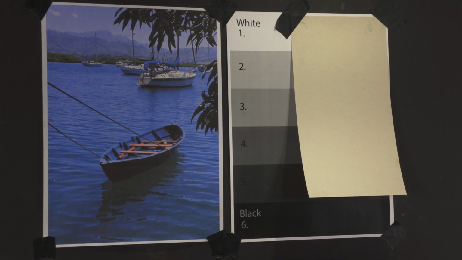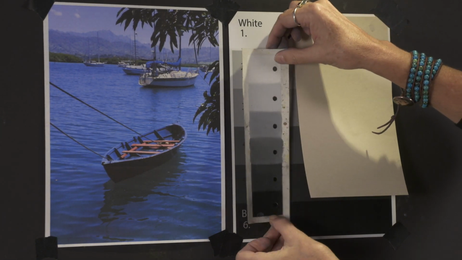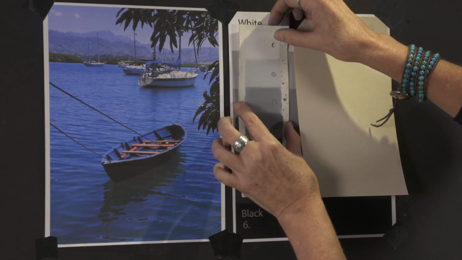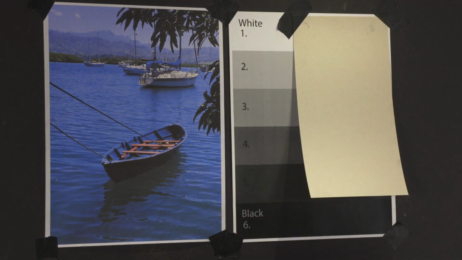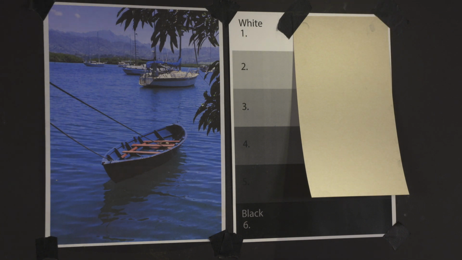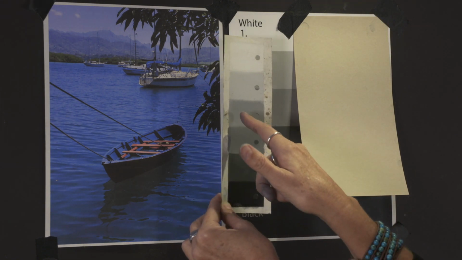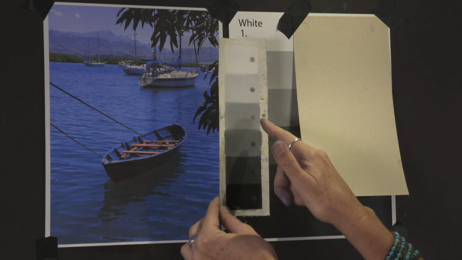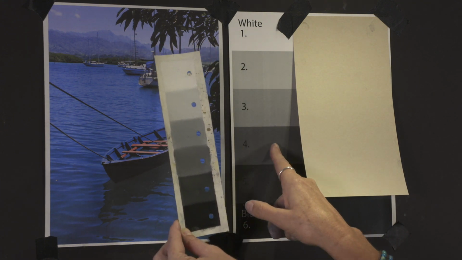And these steps correspond pretty much right to my value scale. So what I'm going to do here is I'm going to see where I'm at. So I had determined that I wanted to be right here in my value scale. So this is step number 4.